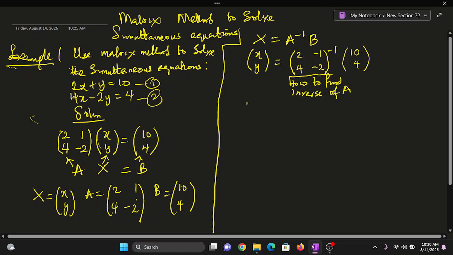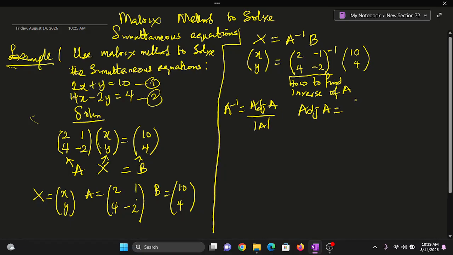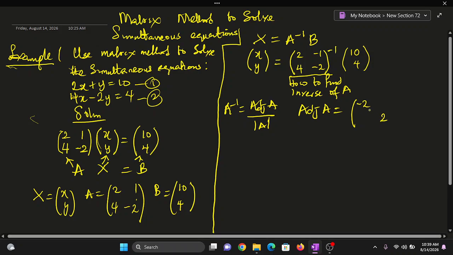How to find the inverse of this matrix A? Now, to go about that, your inverse of A is equals to the adjoint of A over the determinant of A. The adjoint of A for 2 by 2 matrix is, follow me, if you look at your matrix A, we have the first diagonal is 2 and minus 2, so you flip it to be minus 2 and 2, and the second diagonal is 1 and 4, so you introduce minus to the second diagonal, minus 1, and becomes minus 4.